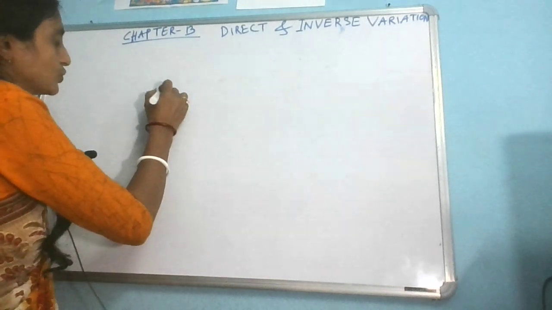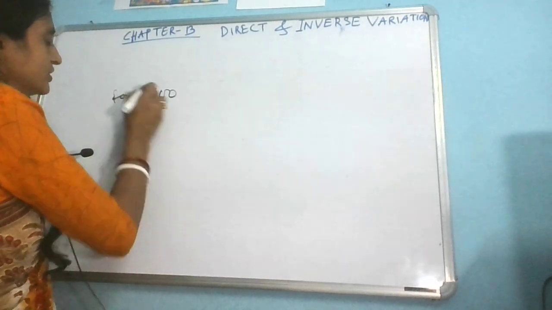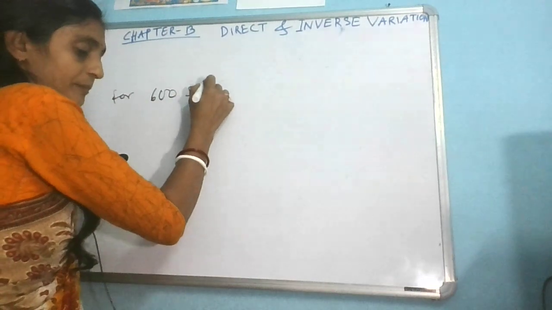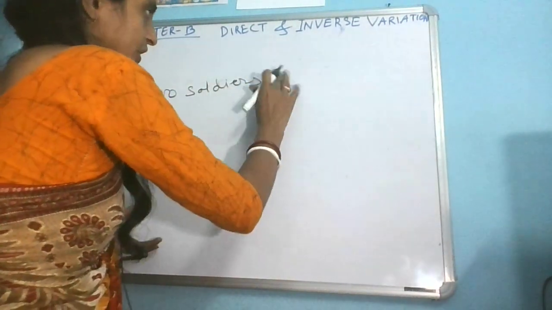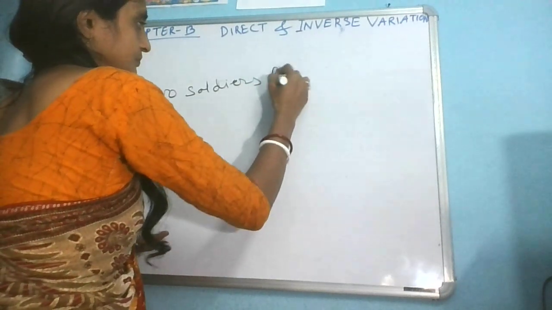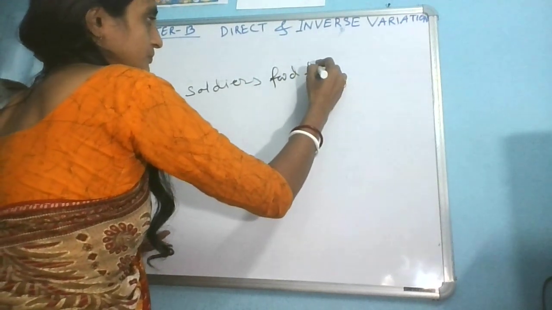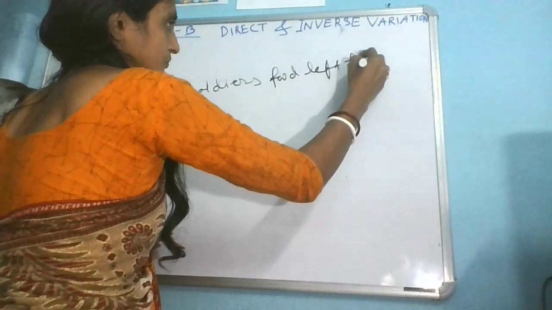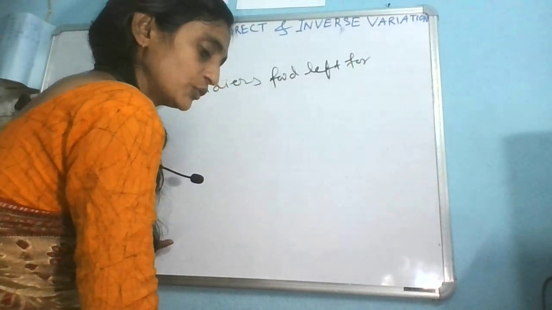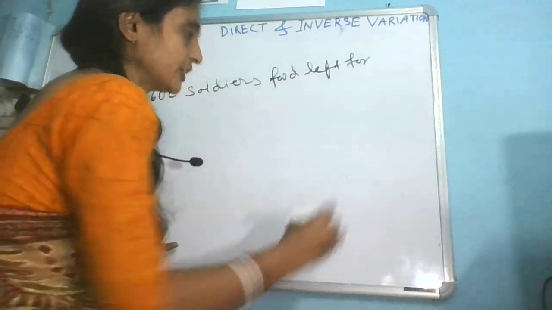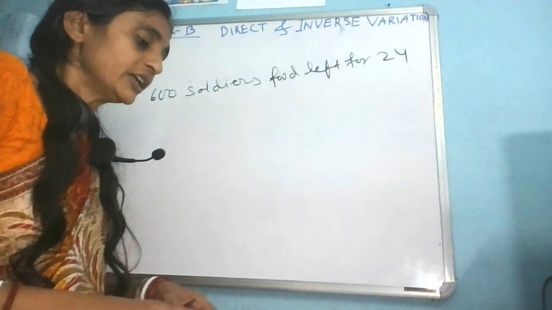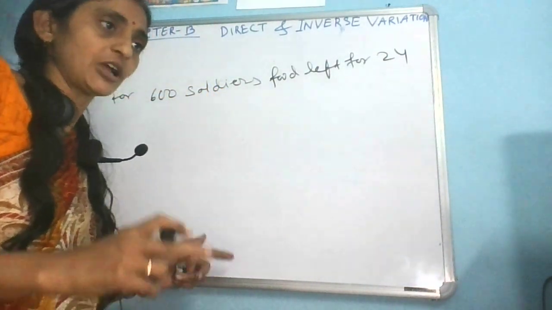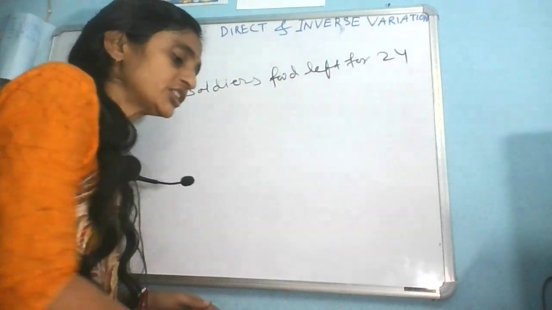For 600 soldiers, the food is left for 24 days, since 6 days have already been taken. But it was noticed that whatever food was left after some of the soldiers left, it can last for 40 days.